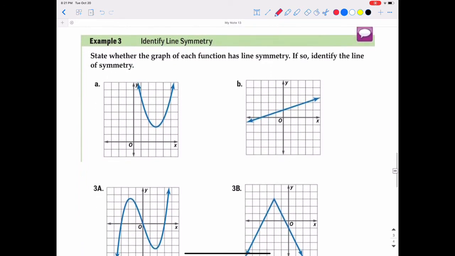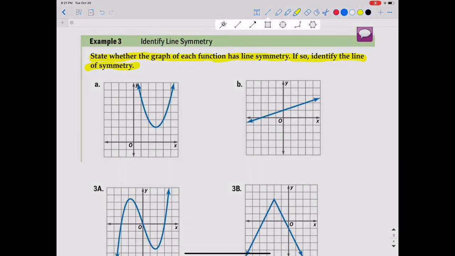So on part A, can we take a vertical line and fold that graph perfectly in half? The directions are, state whether the graph of each function has line symmetry. If so, identify the line of symmetry. So can we take a straight line and fold through that first graph perfectly in half?